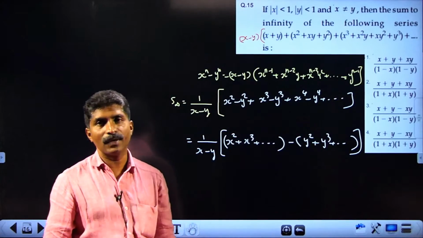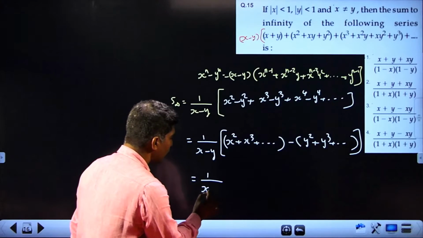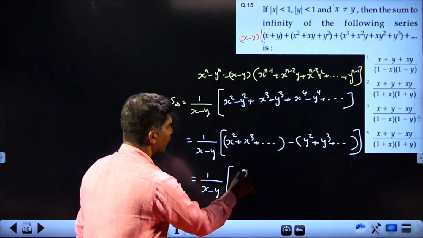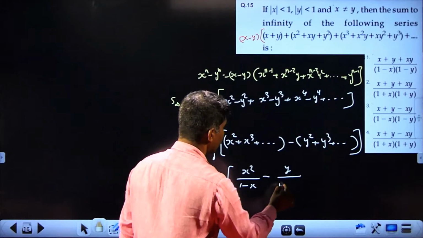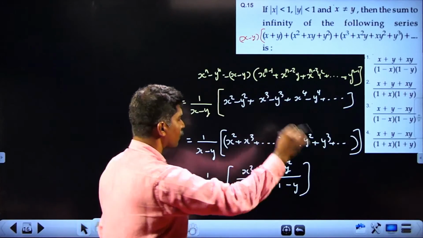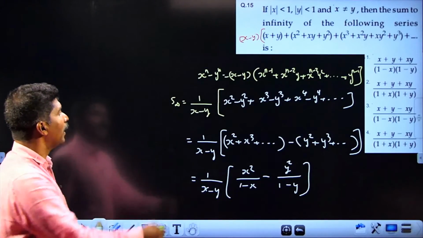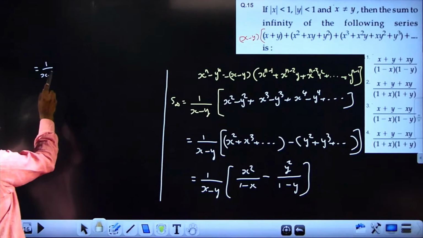Mod x, mod y less than 1. So we will apply the sum to infinite terms of GP. 1 divided by x minus y into first term divided by 1 minus x, minus first term divided by 1 minus y. Y square actually, sorry. And cross multiplying, this is equal to 1 divided by x minus y.